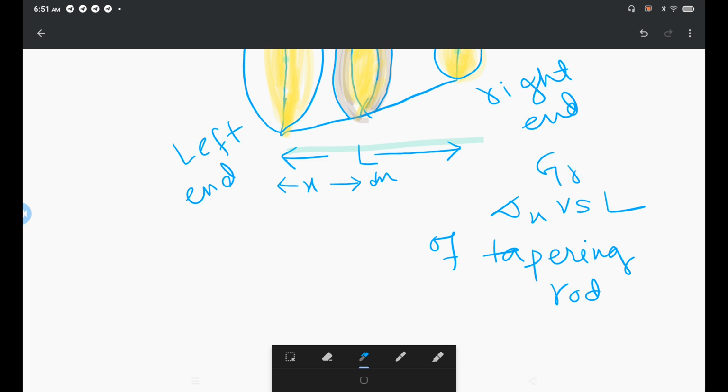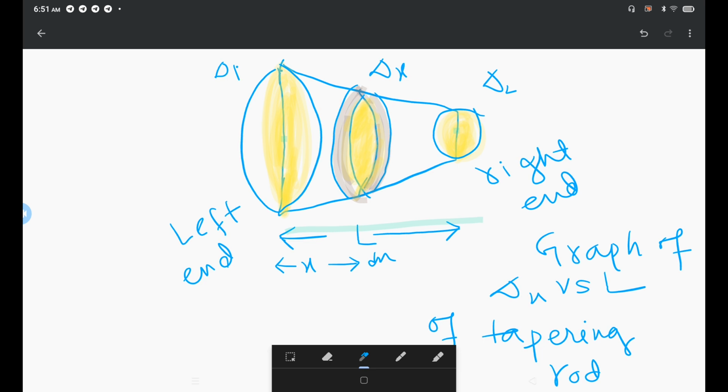That is, the diameter of the cross section of the elemental strip, as it is circular, versus the length of the tapering rod.